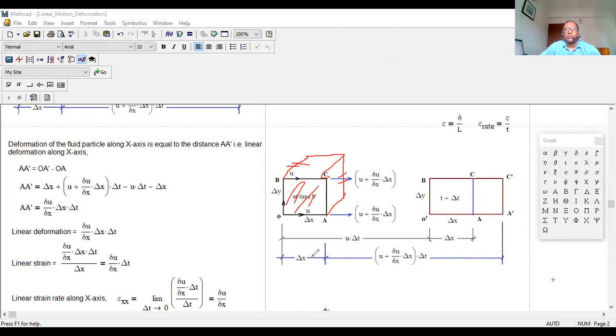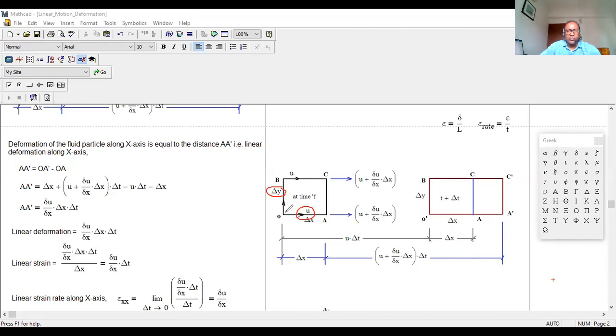But right now we are looking only at deformation along the X axis. So this fluid element is rectangular in size. Along the X axis it has velocity u, along the Y axis velocity v. But right now we are dealing with only the velocity component along the X axis.